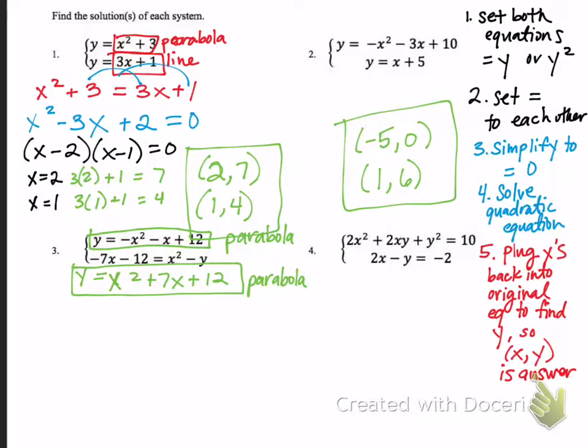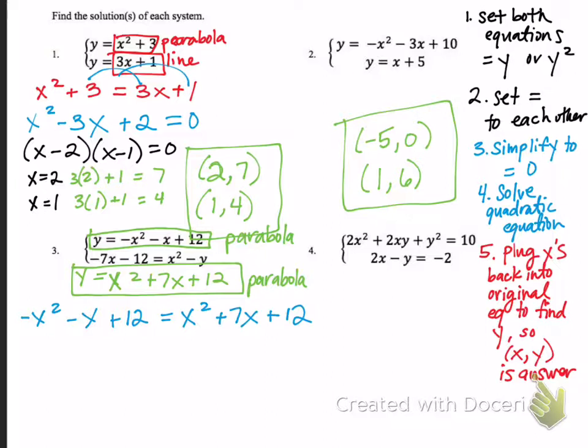But for this purpose, what I want to do is set them equal to each other. So I have negative x squared minus x plus 12 equals x squared plus 7x plus 12. Then I get everything on one side.